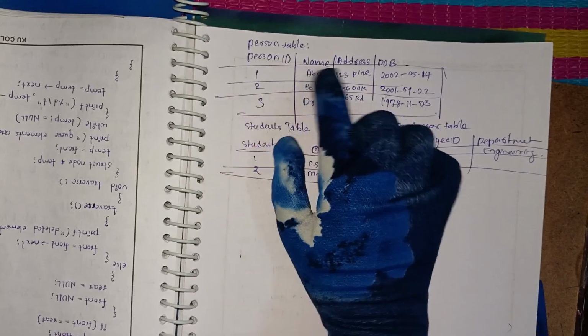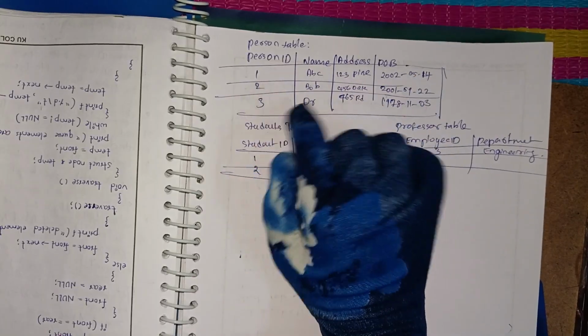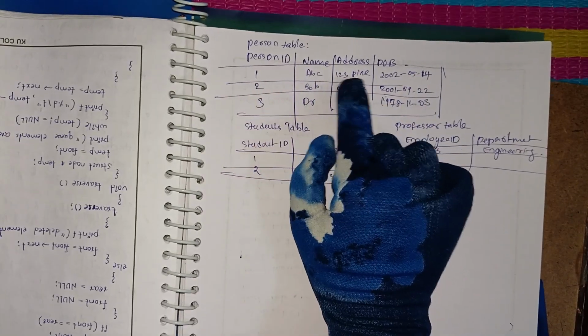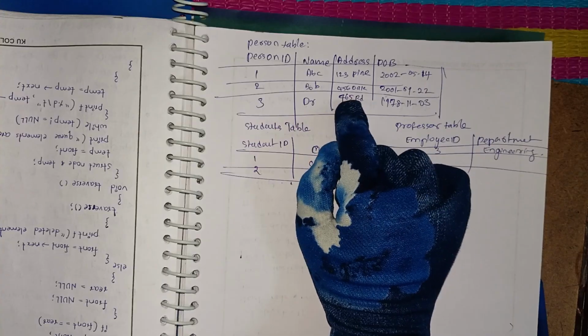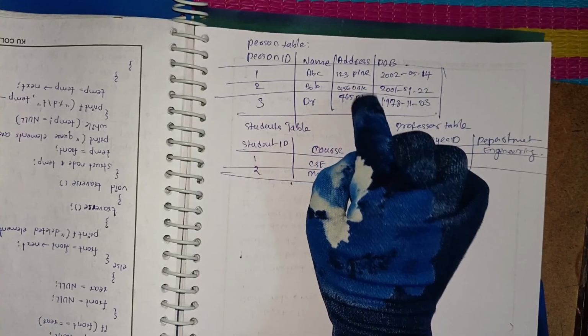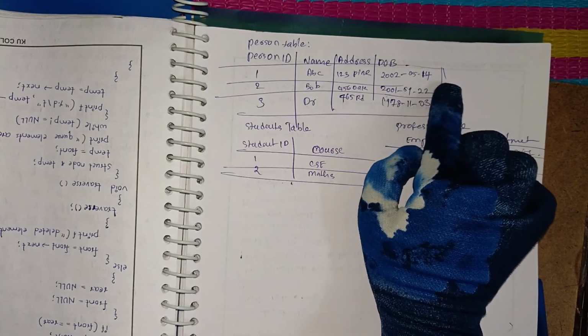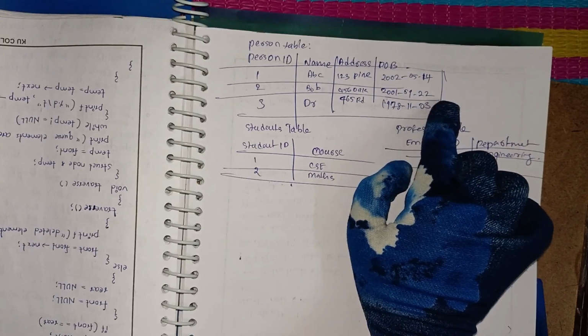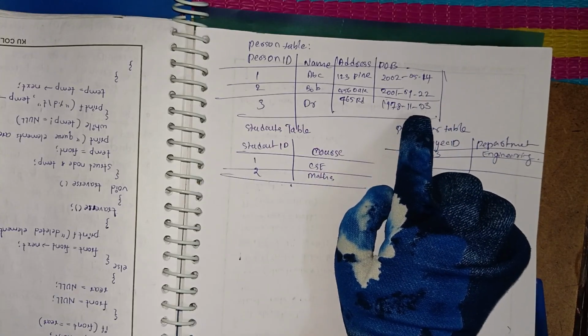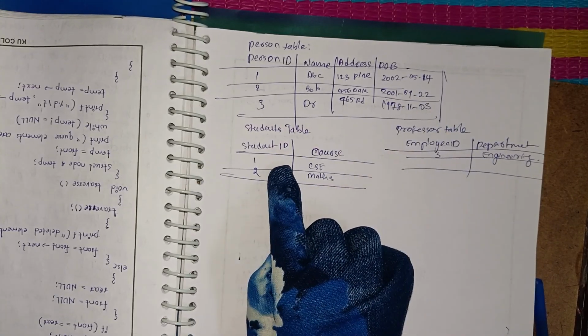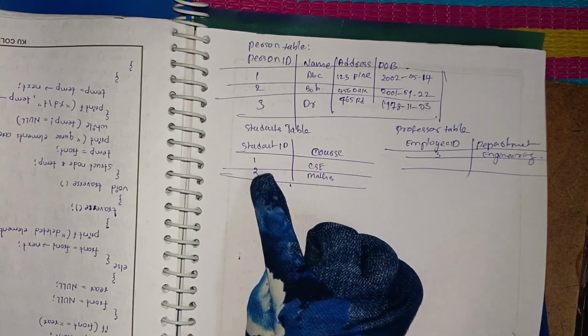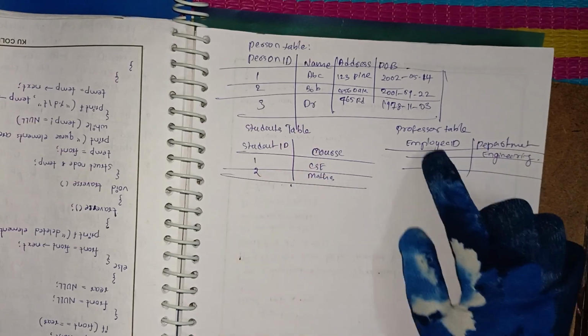Persons table: person ID, name, address, date of birth: 1, 2, 3 and ABC, Bob, DR, 1 2 3 Pine, 4 5 6 Oak, and 4 6 5 RD are addresses, and date of birth 2002 5 14, 2001 9 22, 1975 11 3. And the student table has student ID, course: 1, 2 and CSC and maths.